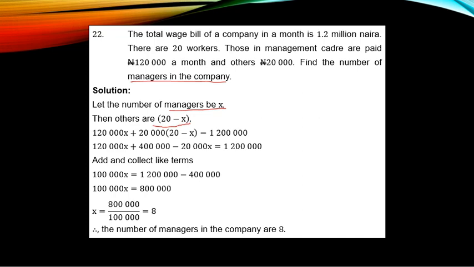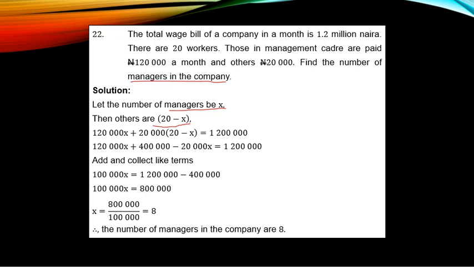Then for the remaining workers, their salary will be 20,000 times (20 minus s). And the salary of the managers and that of other workers added together forms the wage bill in a month, that is 1.2 million naira.